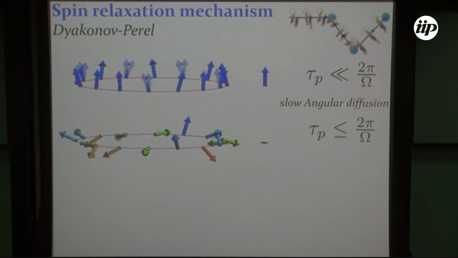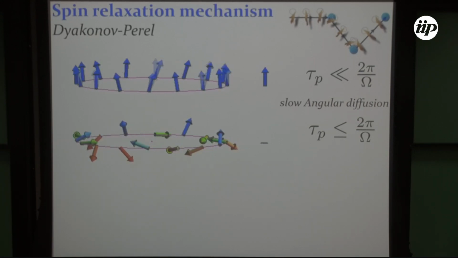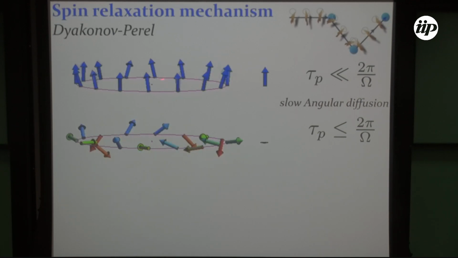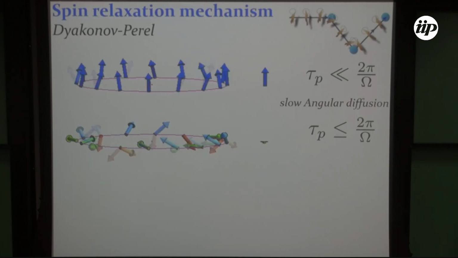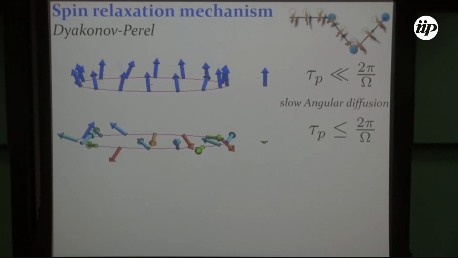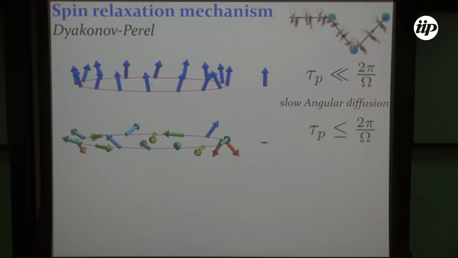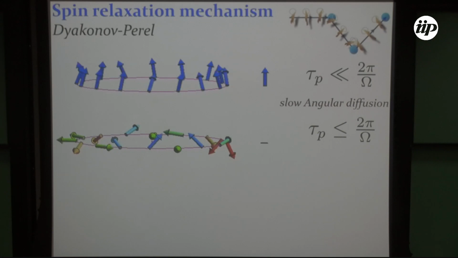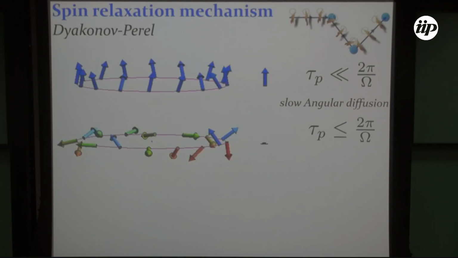So you see there is a big difference. Here you see your spins start to precess. In this case, at the same time scale, they don't. They are just locked to the upper direction because scattering blocks the precession.